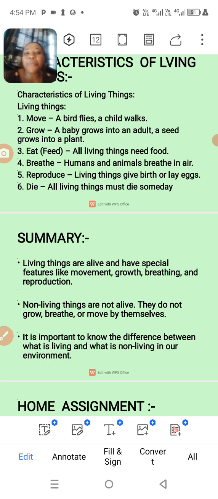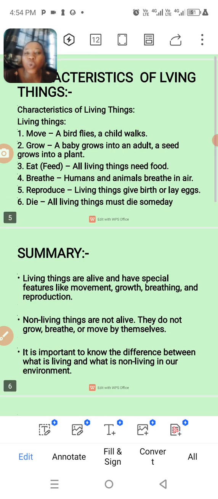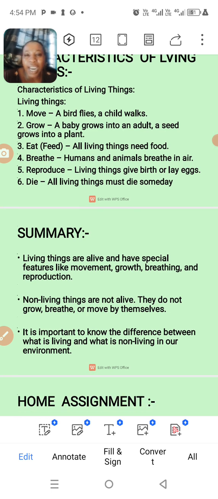Number four, they breathe. Human beings and animals breathe in air. Now, you ask teacher, do plants breathe? No. Plants don't breathe, but they need air to survive. If you put your plant inside the house and cover it where there is no air, that plant will die.